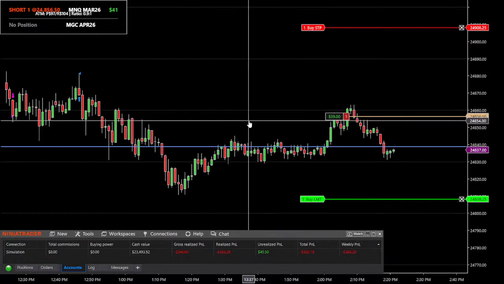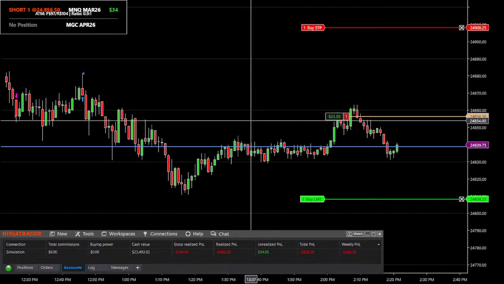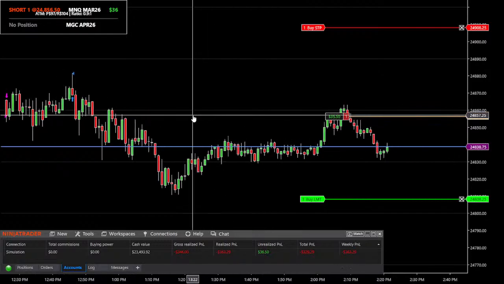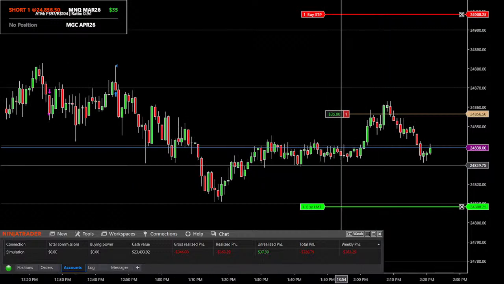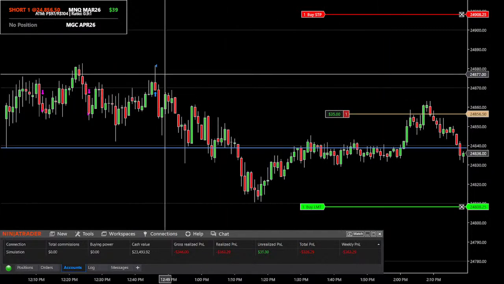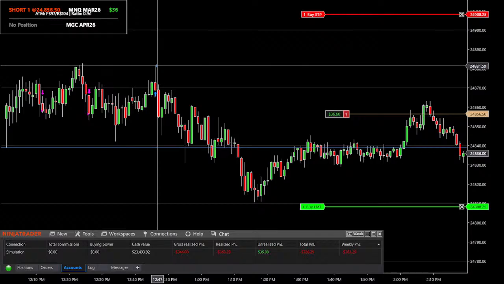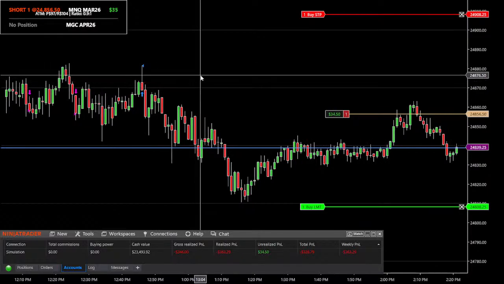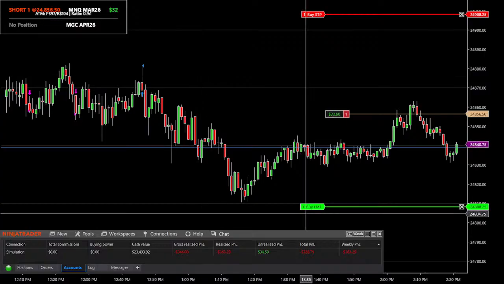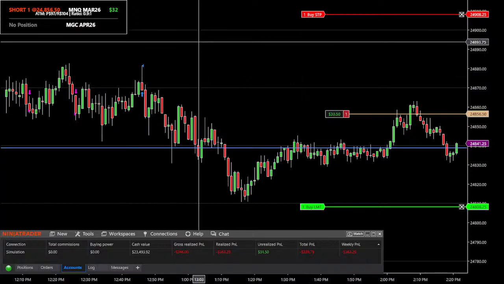So where's the trade marker here? Where did I go long? I don't see where I... Wait, oh no, this is a short position. So, is it this blue mark here? I'm gonna check the properties window. You won't be able to see this in the stream. It's not showing that.